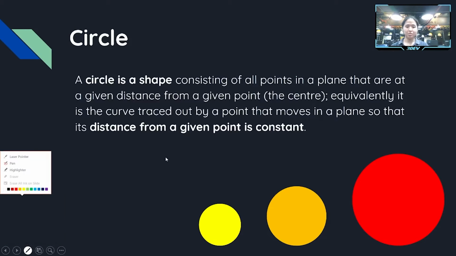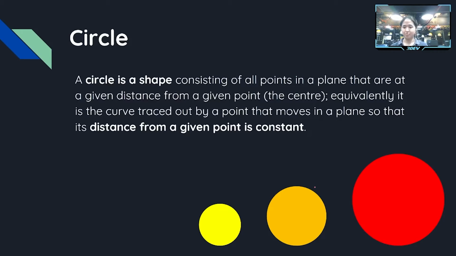If you have a circle over here, for example this orange one, every circle has a center point, and the distance from one side to the center point is called the radius, and the radius will always be constant, moving one round on the plane.